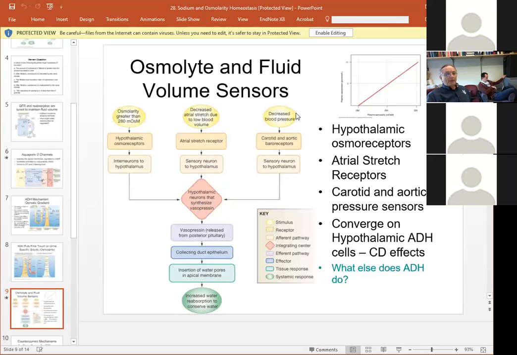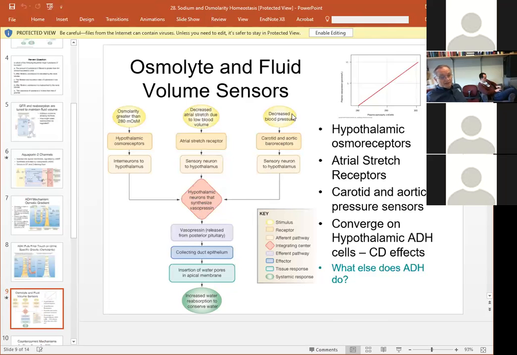Or if the blood pressure declines, the baroreceptors not only send a message to the cardiovascular control center to speed up the heart and increase the blood pressure, but they also send neurons to the hypothalamus nearby, telling the hypothalamic neurons to release vasopressin.